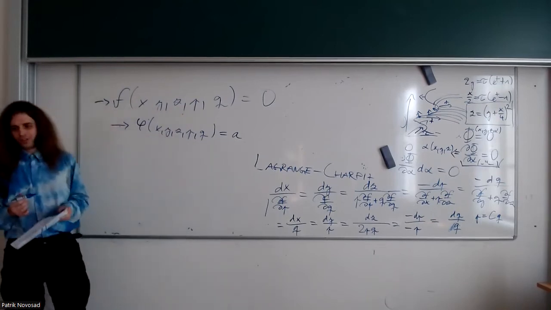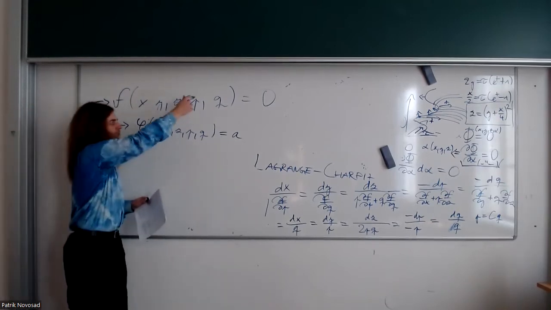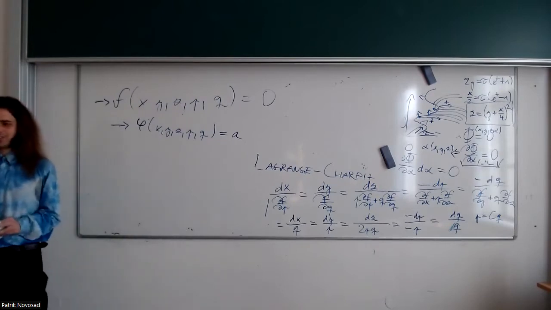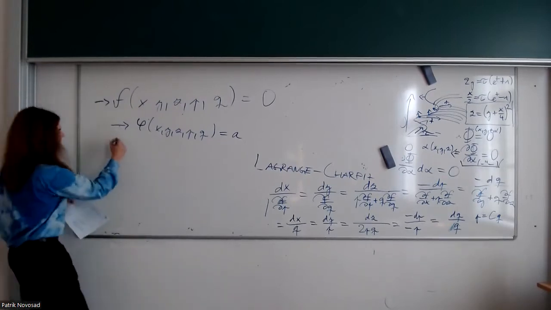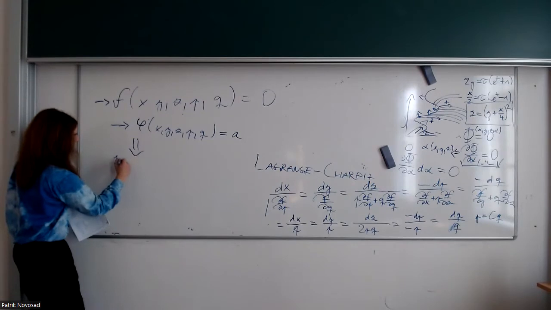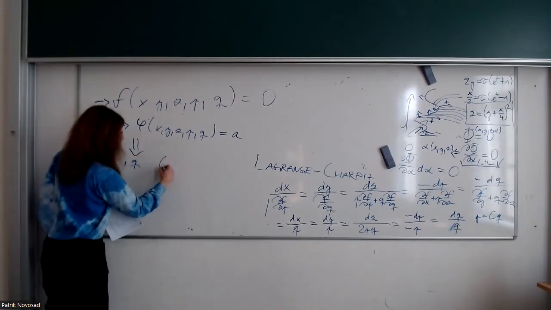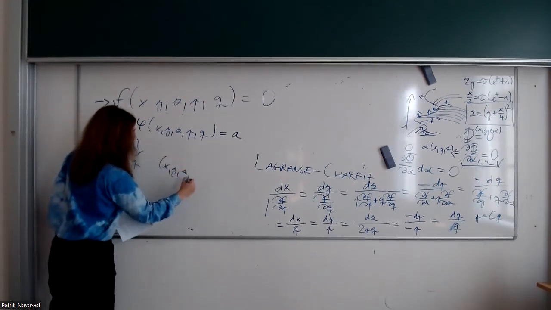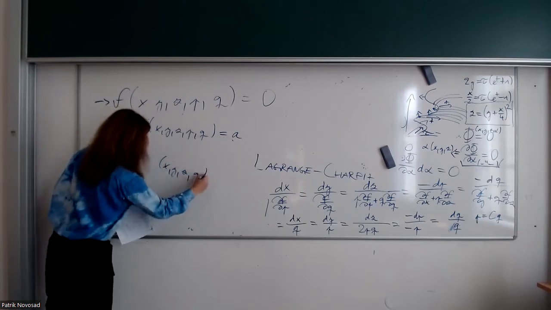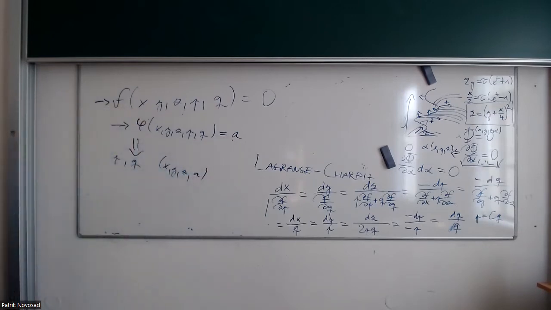I will just solve for them, take it as a 2x2 system of equations, and obtain p and q as functions of x, y, z, and this integration constant a.